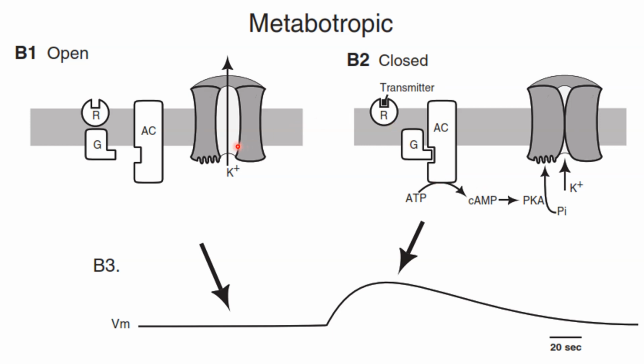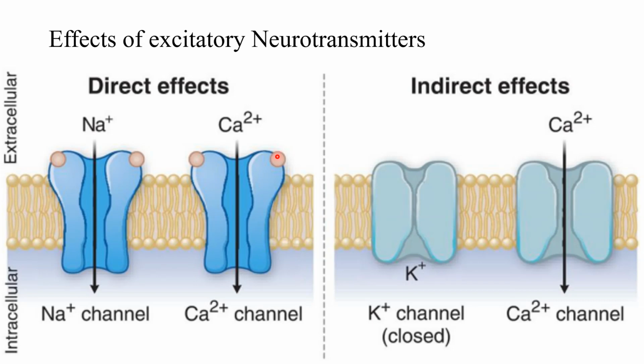Metabotropic, you can see here, they bind with the receptor, G protein, chemical. So indirectly they bind here and bring about the opening or closing of the channel. For an excitatory neurotransmitter, what is happening? Excitatory causes depolarization, while inhibitory causes hyperpolarization.